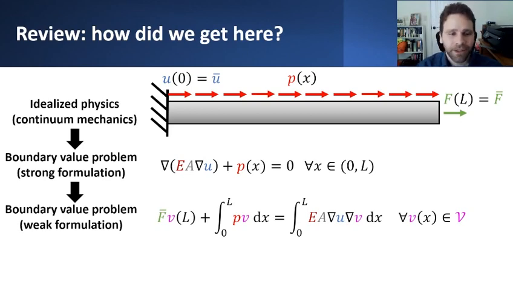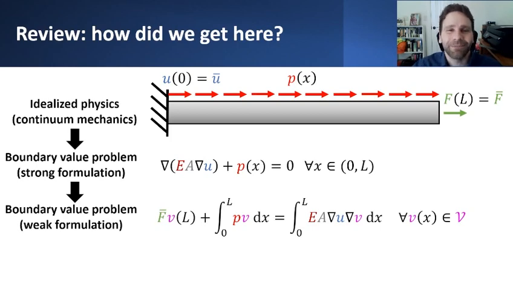But even so, we're still restricted in terms of our ability to solve these problems because there's an infinite number of possible candidate solutions that we could try and test to evaluate whether they satisfy this statement of equilibrium, and an infinite number of possible displacement or virtual displacement functions that we could plug into this expression to evaluate and say, well, does it satisfy the weak form for this particular test function or this test function?